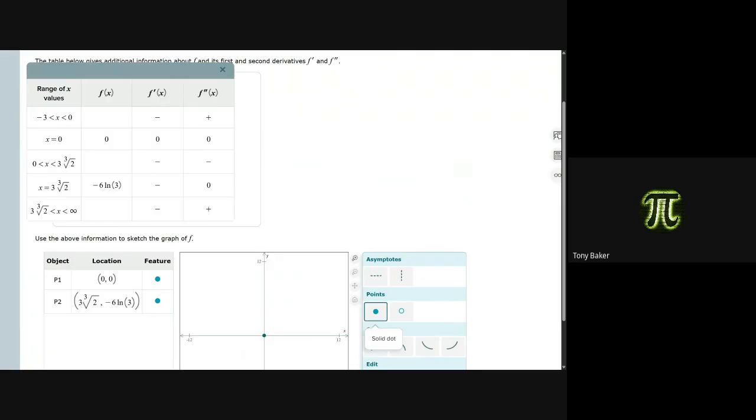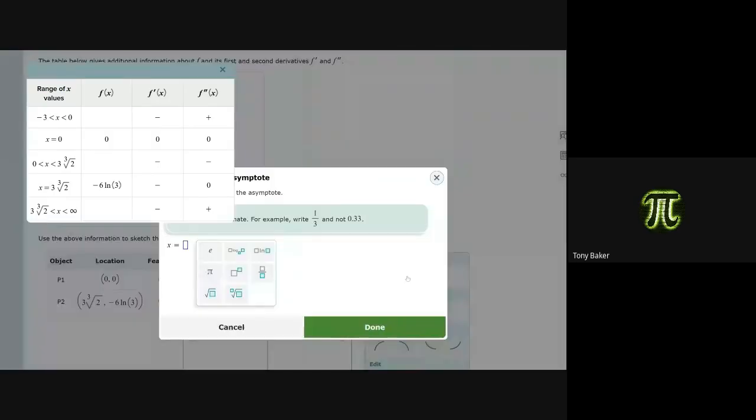I don't have anything that says undefined or anything there, but look at the range of values. Where does it start? Right. All the rest of them we started at negative infinity to positive infinity, right? This one starts at -3. That means I have a vertical asymptote at x equals -3.